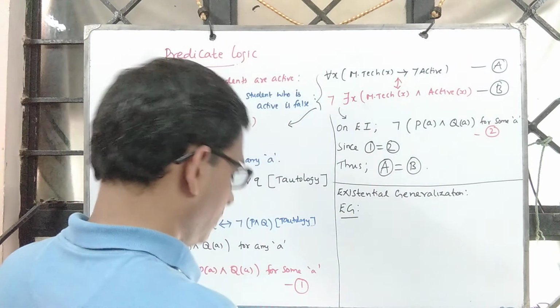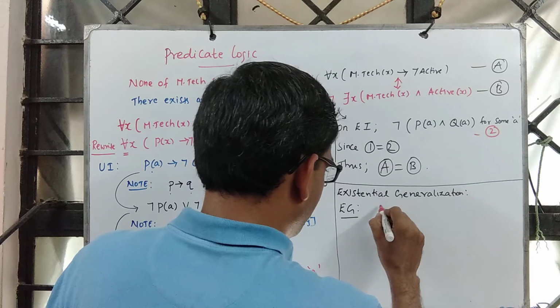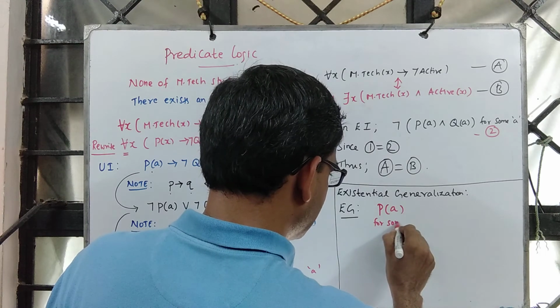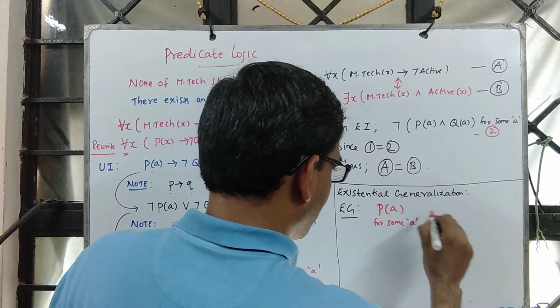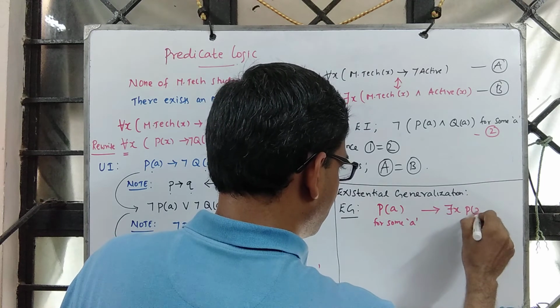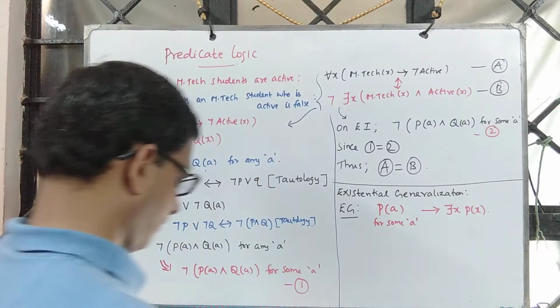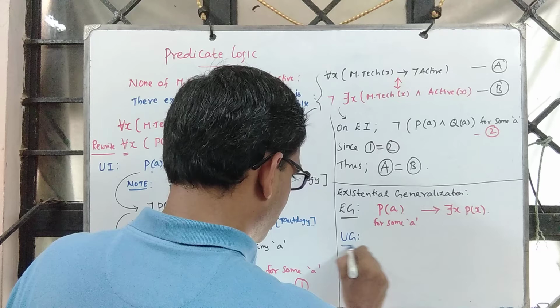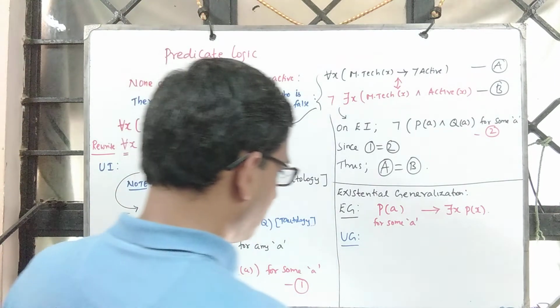What is that? You have P of A for some A. Then this implies that there exists X, P of X. On similar lines, we have something called universal generalization.